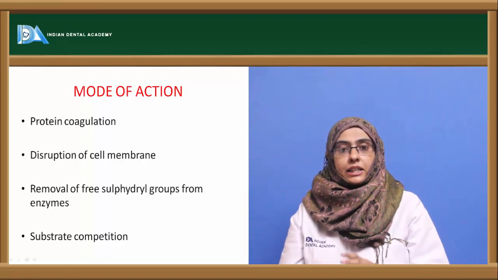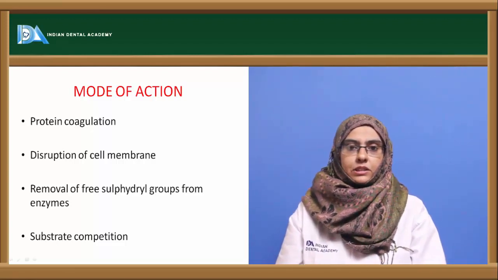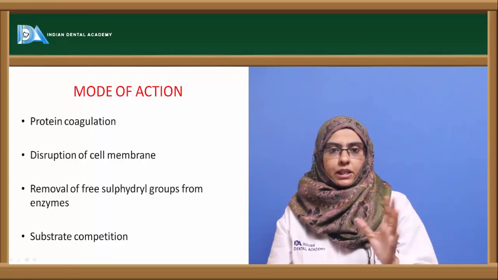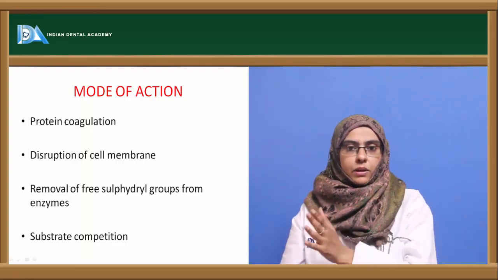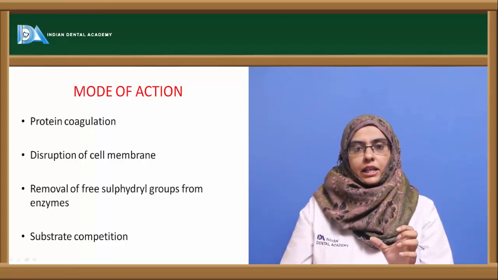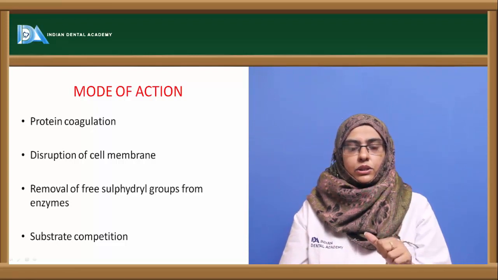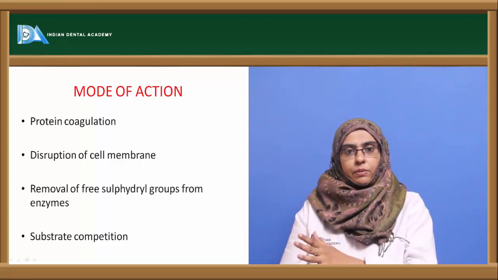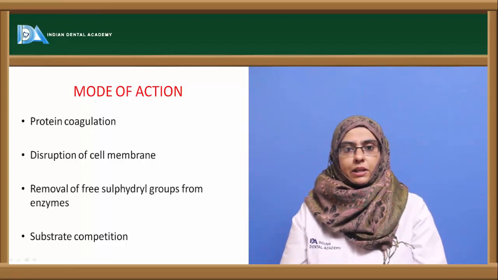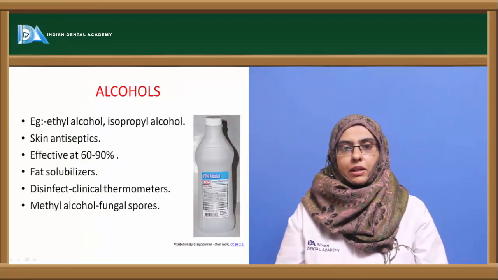And finally, these chemical agents can also act as substrate competitors. So in a normal condition, when an enzyme binds to a particular substrate, they form a product. So here in the case of substrate competition, the chemical agent usually goes and binds to the enzyme in place of substrate, and the product that should be formed is not formed. Ultimately, the organism gets killed. So these are the different modes of action of the chemical agent.